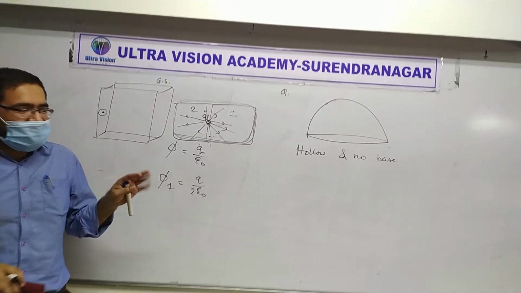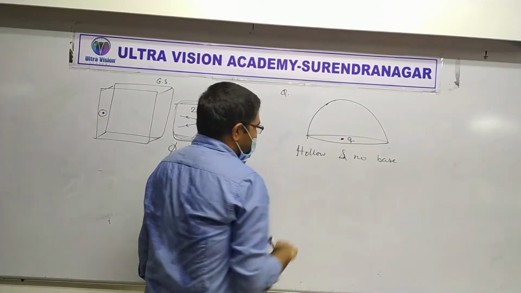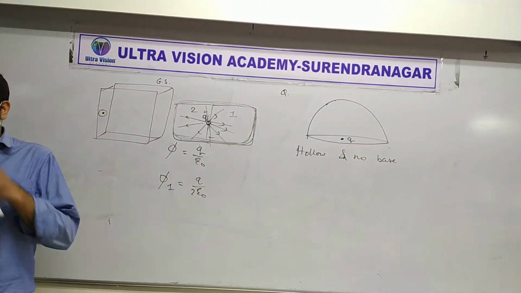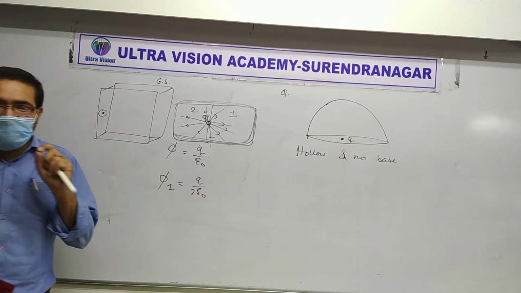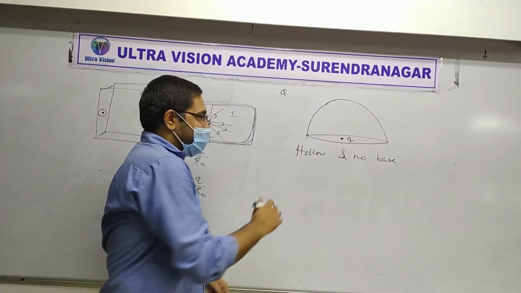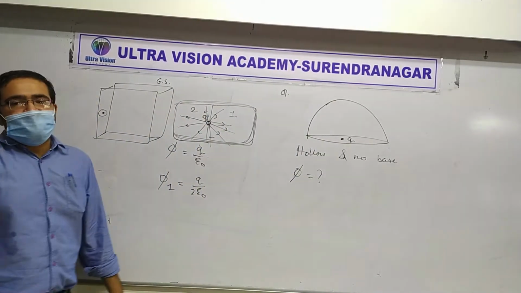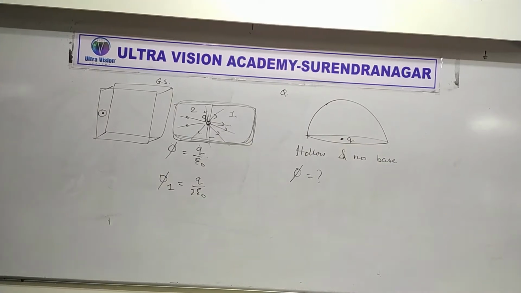Okay, no base. If you put a charge q at its center, if you put a charge q at the center of this circle, basically, then how much will be the flux for this surface? How much will be the flux for this surface?